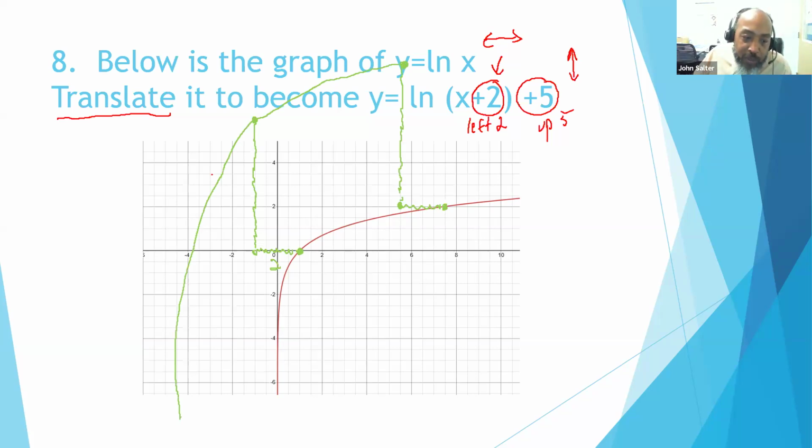I couldn't pick one that was here because if we remember our lessons, both ln or natural log functions and the e functions, my exponentials, have asymptotes, which means it gets close to a line but never hits it. So this one here, since it's at 0, if I was to go over 2 units, it will probably actually have an asymptote at about 2, so probably right here.